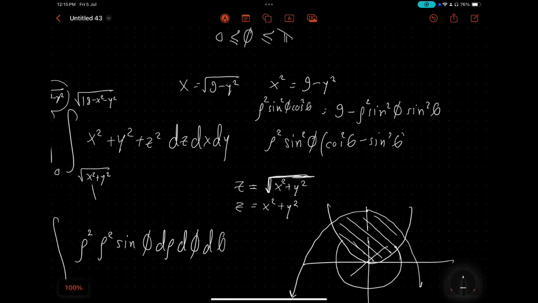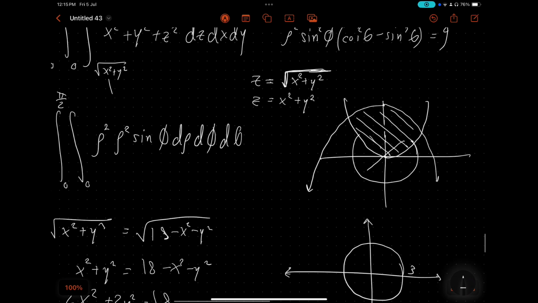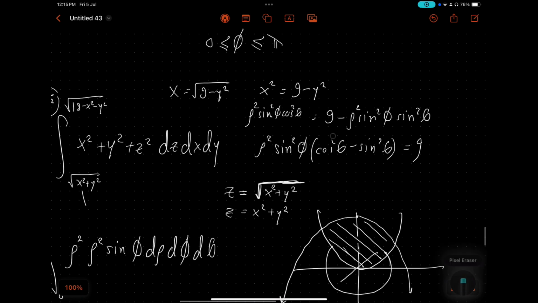This looks like an identity. And now we need to find theta. So theta we said is from 0 to 2 pi. So if we say 2 pi, cosine squared of 2 pi is 1, and sine of 2 pi is 0.